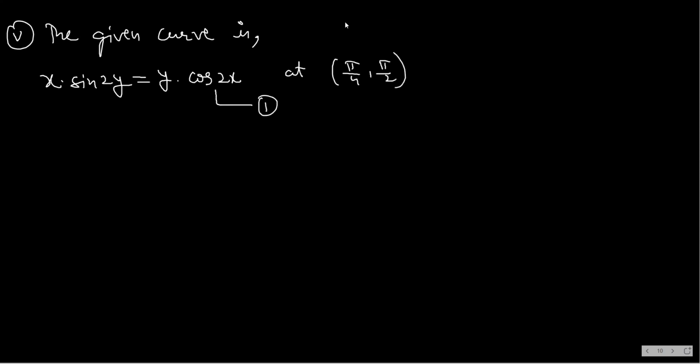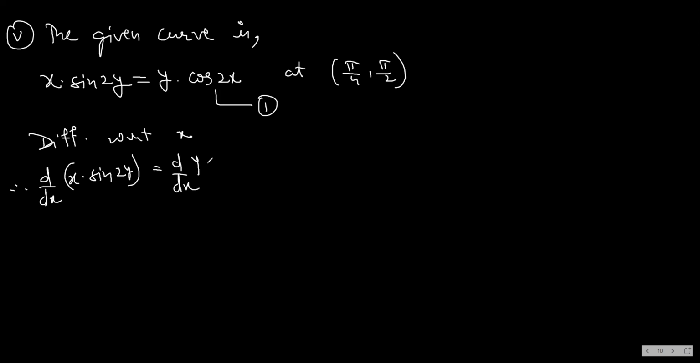What are the steps? I will find out dy by dx. So I write here, differentiating with respect to x. So d by dx of x sin 2y equals d by dx of y cos 2x.